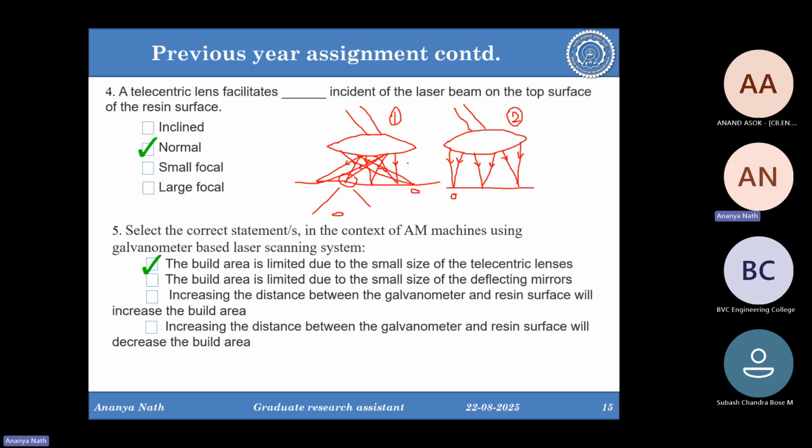Here it will be only focused, but not perpendicular. This is F theta. So this is the difference. Because of the problem related to the F theta lens, the telecentric lens came. Clear? Yes.